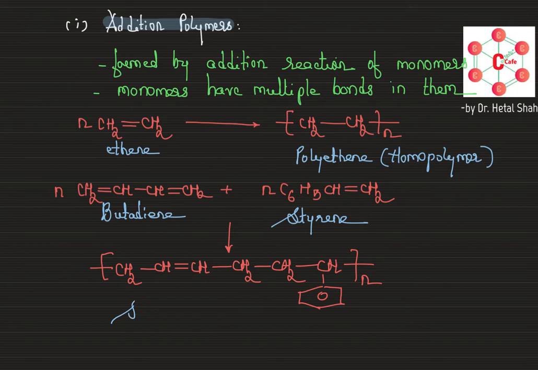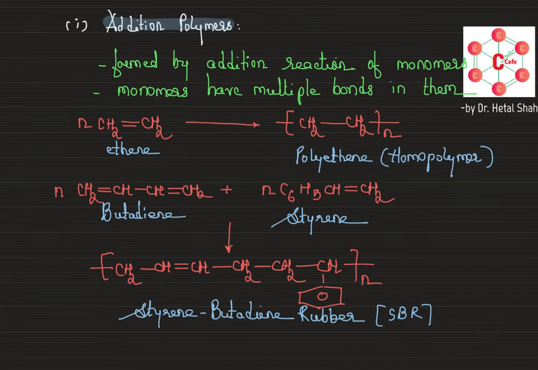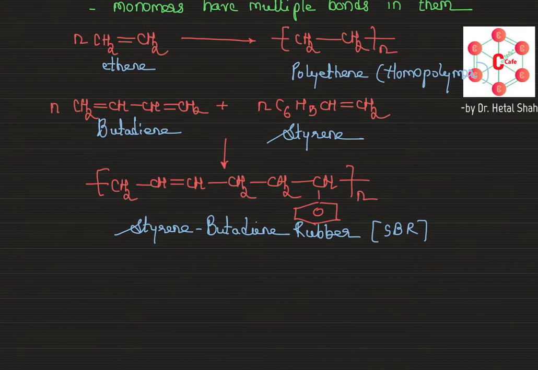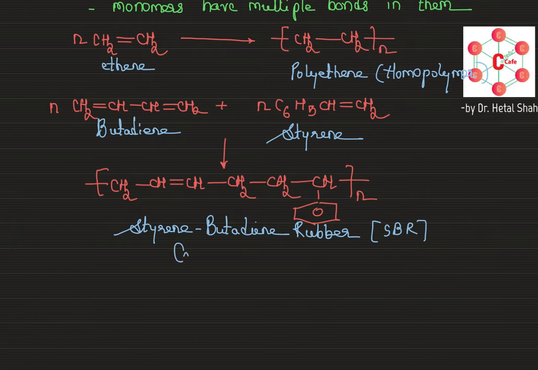This is called styrene butadiene rubber, also known as SBR. This is, as you can see, two different monomers combining, so it is a copolymer, addition copolymer.